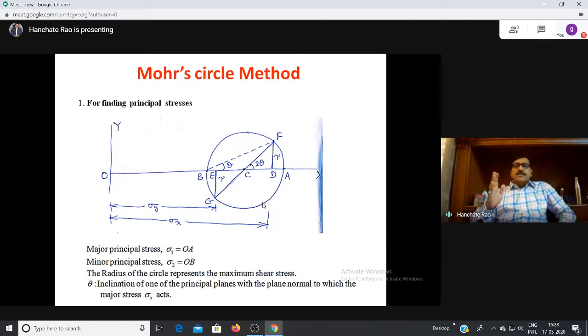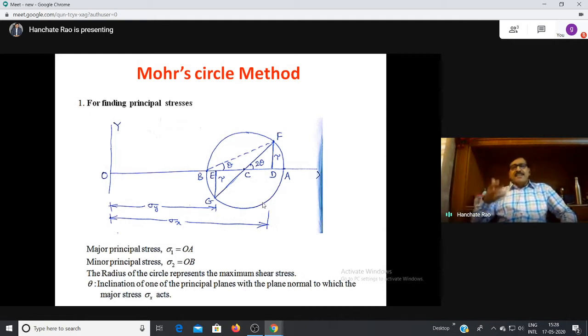First, I will explain the difference between sigma T and tau. It is a sign convention. Sigma indicates stress, T is tangential. So sigma T is tangential stress, because on an inclined plane there is stress normal to the plane, which we call sigma n, and stress tangential to the plane, which is called sigma T. Sigma n is the normal stress, and sigma T is the tangential stress.